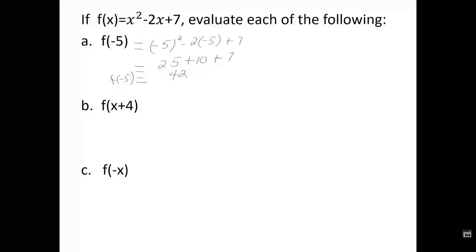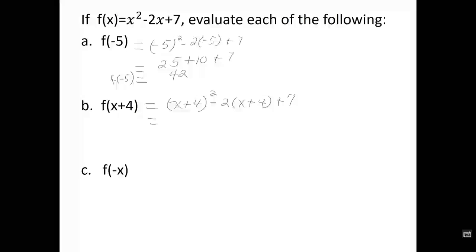Now, let's evaluate the function f at x plus 4. We have x squared, so that's x plus 4 squared, minus 2 times x plus 4, plus 7.